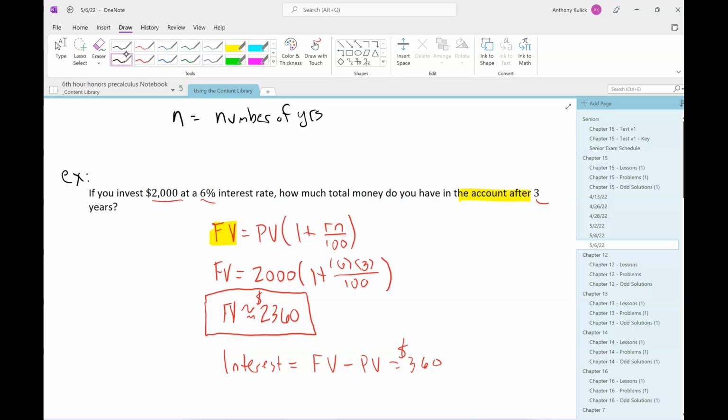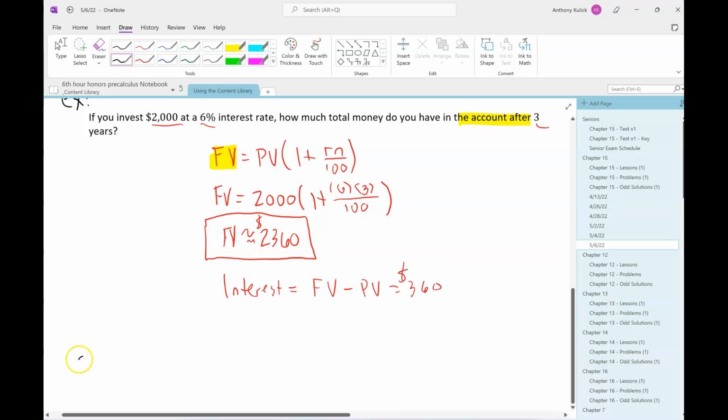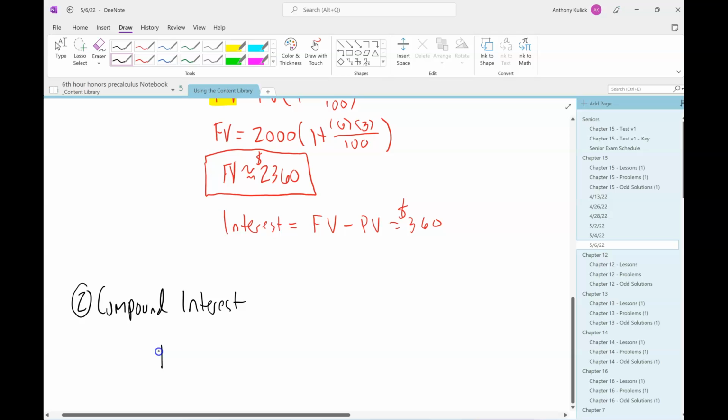So the interest you earn from year 2 to 3 should be representative of that new account balance rather than the old one. So when we calculate interest that way, that is called compound interest, where the interest is always calculated using the current account value.